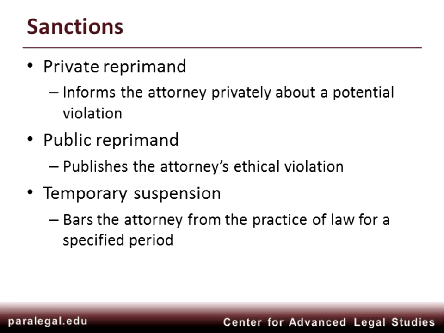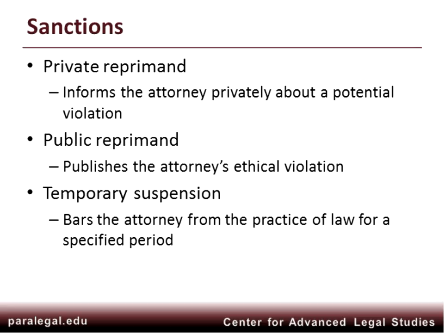The State Bar of Texas has several tools at its disposal that it can use to do something to lawyers who are violating the rules. If it's a very minor violation, where nobody was hurt and nobody lost money, but maybe a lawyer forgot to file something timely and later was able to get it done, they're usually going to do what's called a private reprimand.